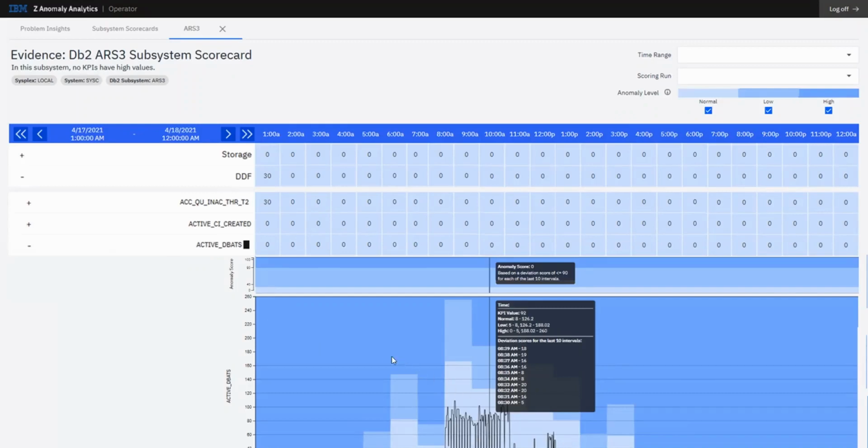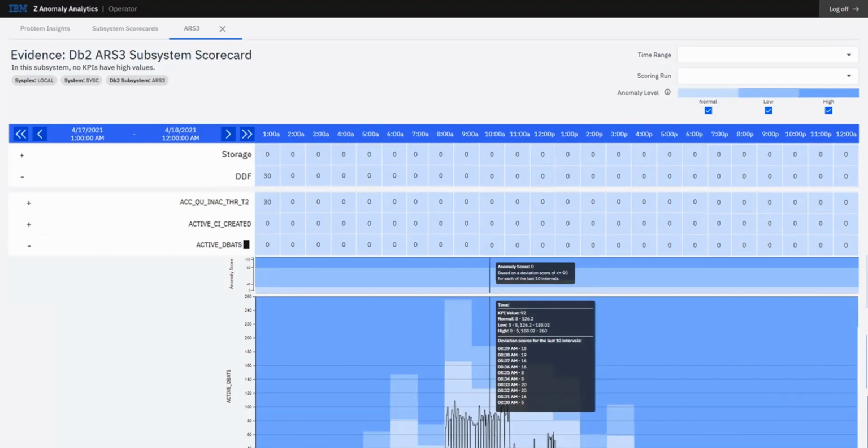You'll notice on this active DBATs graph on the bottom, we have a few different bands of blue. The lightest blue is what is normal for this environment. So this is essentially visualizing normal behavior for this environment.